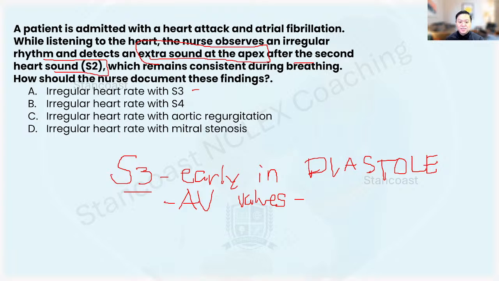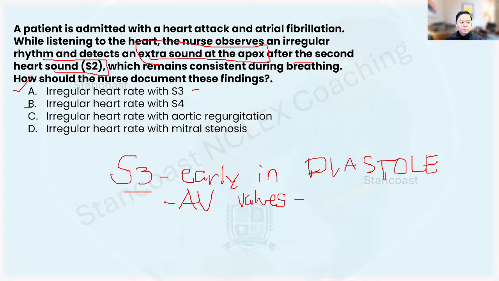So this S3 will be heard early during the diastole, and this is caused by the movement of the blood from the atrium into the ventricle. So that is the correct answer. Let me just mark that as the correct answer.